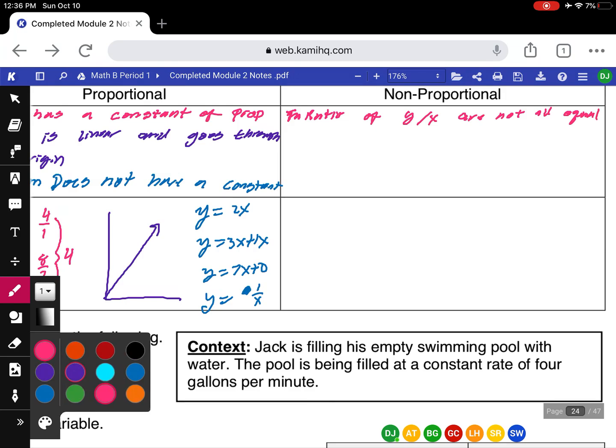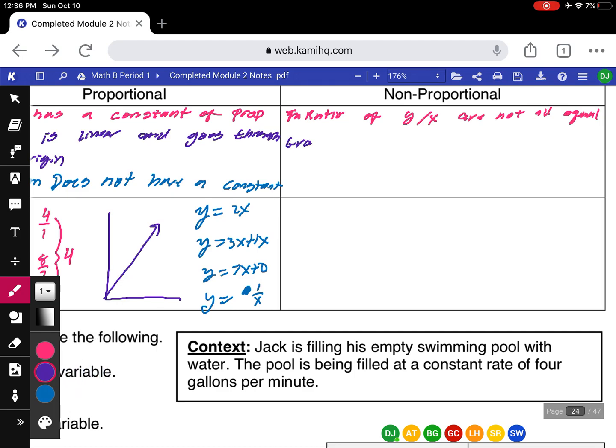The next one is if I look at the graph. So the graph may be linear, but it does not go through the origin.